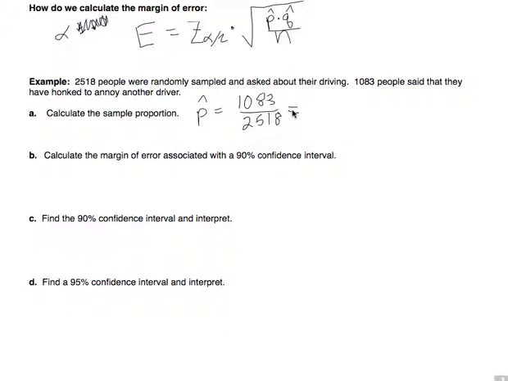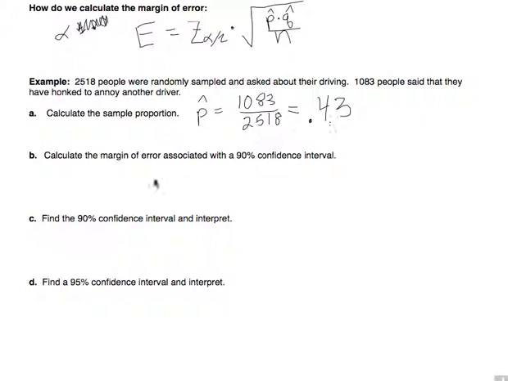On our calculators, we would get 0.43. So this p hat, 0.43, we can consider as 43%, but we're leaving it as a proportion, so it's between 0 and 1. We would say a proportion of 0.43 of people sampled said that they have honked their horn to annoy another driver.